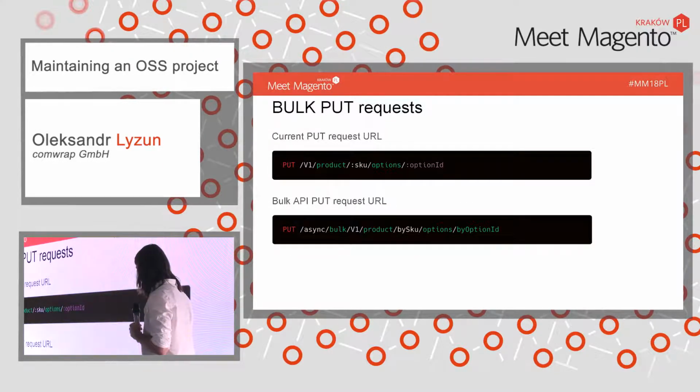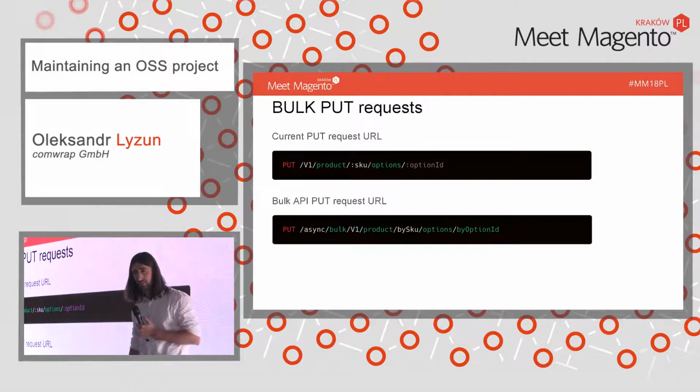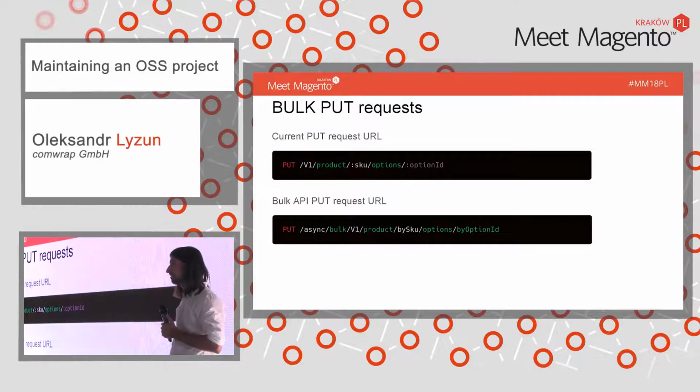Yep, and that's a problem which we found and had a long discussion about. I guess it took 3-4 weeks just to find a solution here. The old requests contain parameters in the URL. And if you're talking about bulk, you can send an array of elements in the body, but you cannot duplicate all those parameters for each of the objects you have.